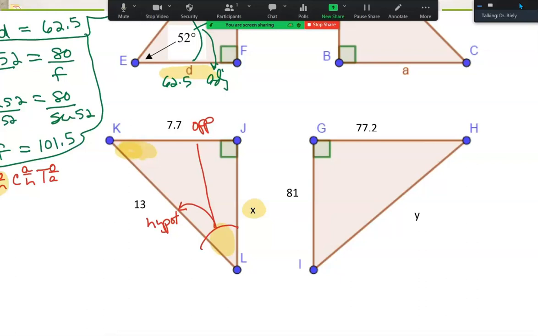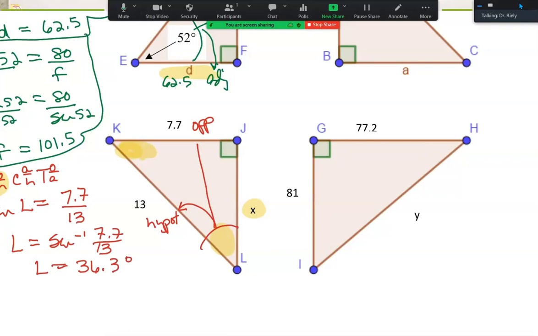So we'll say the sine of L equals opposite 7.7 over hypotenuse, which is 13. L therefore equals sine to the negative 1 of 7.7 over 13. So 7.7 over 13 is going to give us an L angle of 36.3 degrees. So this is 36.3.